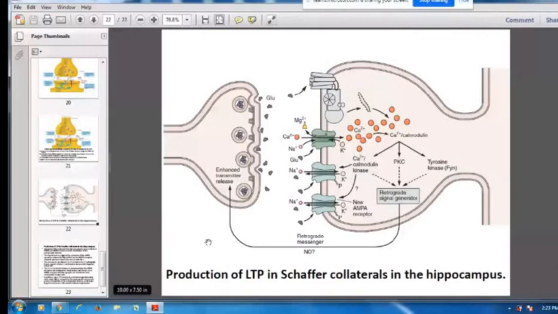So I give you an example: suppose you are learning driving. On the first day you learn what is where, the ABC: accelerator, brake and clutch, isn't it? So one circuit is developed in your brain.